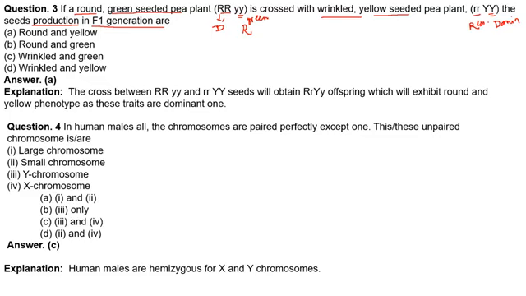One gamete will have round and yellow, capital R and capital Y. The next gamete will have wrinkled and green, small r and small y. So we have taken the gametes of the pure round yellow and the pure wrinkled green, right?